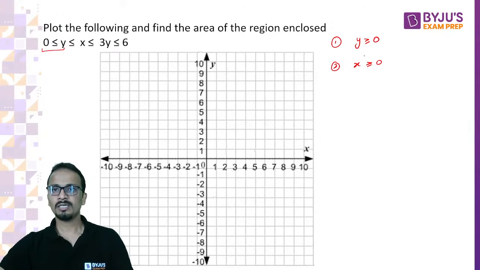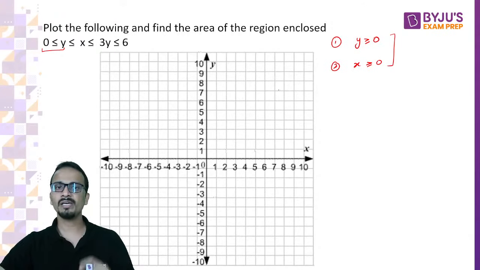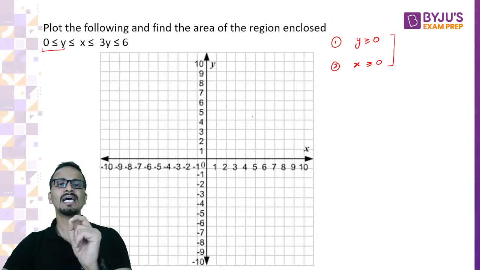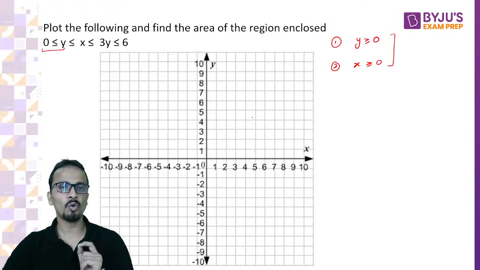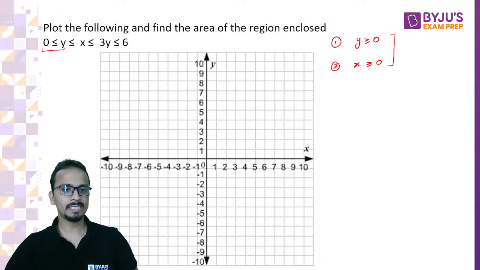So the region covered by equations number 1 and 2 will be the first quadrant, including the positive x-axis as well as the positive y-axis. Okay, ठीक है, आगे चलते हैं.